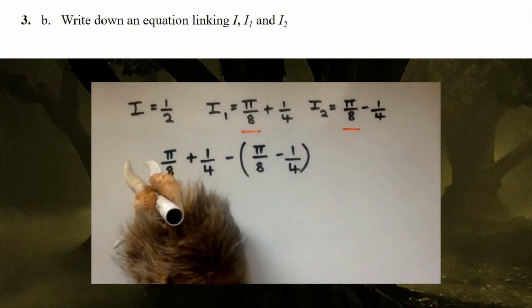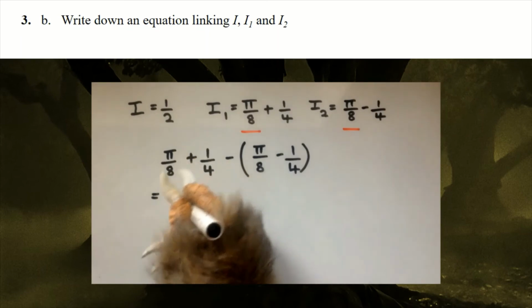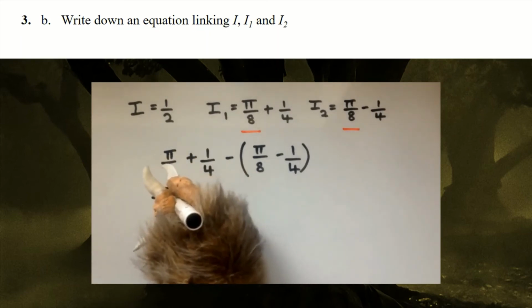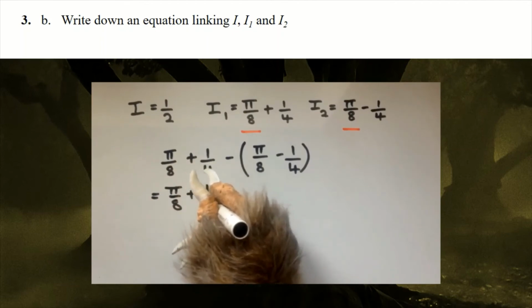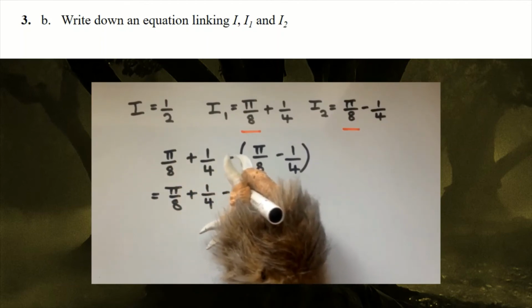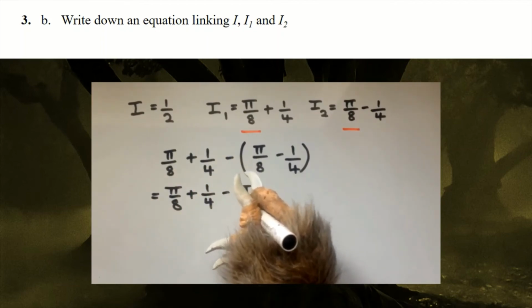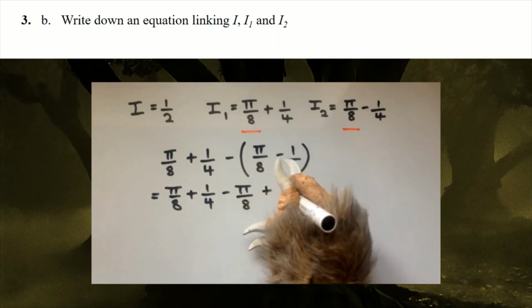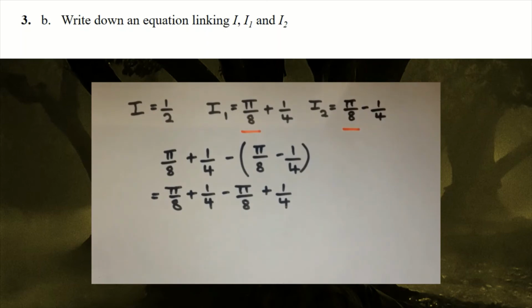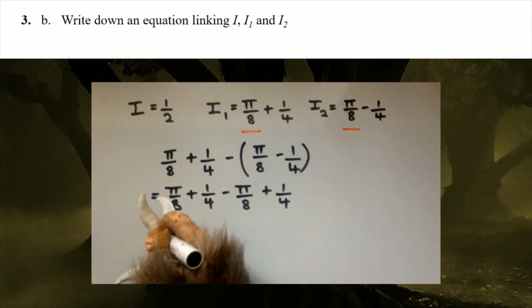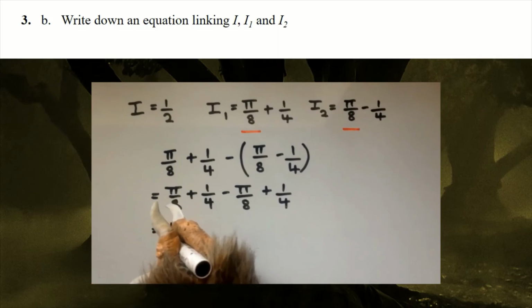This is going to equal pi over 8 plus 1/4 subtract pi over 8 add 1/4. And clearly the pi over 8 is going to cancel, and this is going to leave us with 1/2.